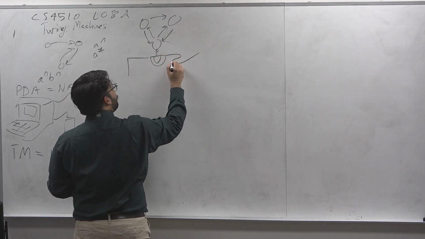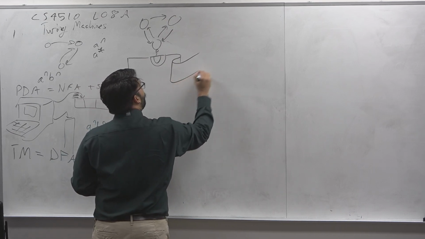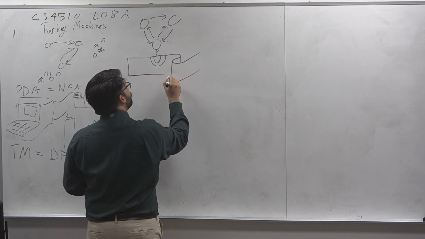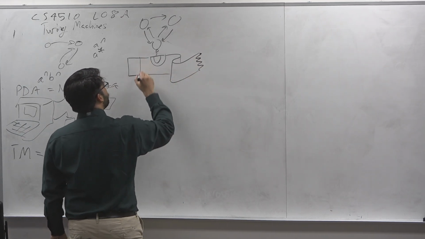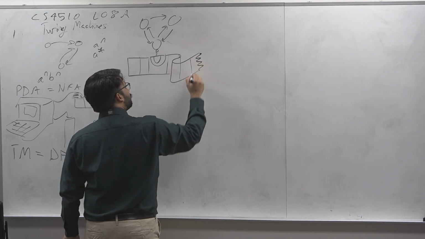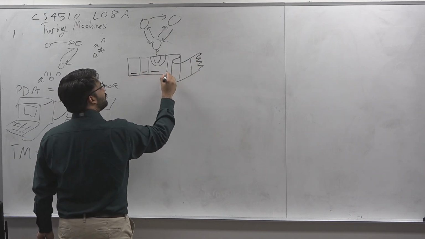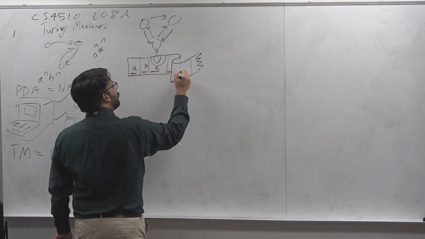And the tape is just this one-way infinite scroll in some sense, demarcated into cells. Each of these contains a symbol that it can read and write. A, B, A, and let's say blank, blank, blank.